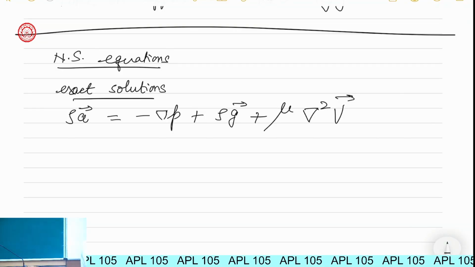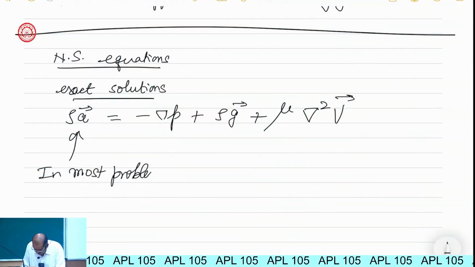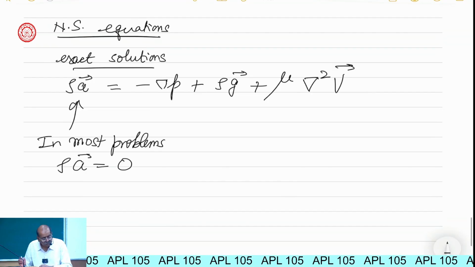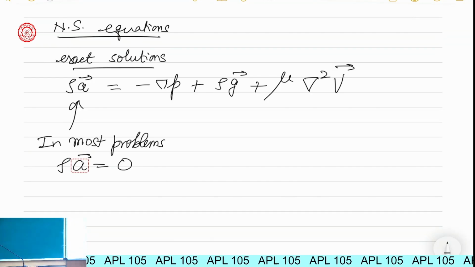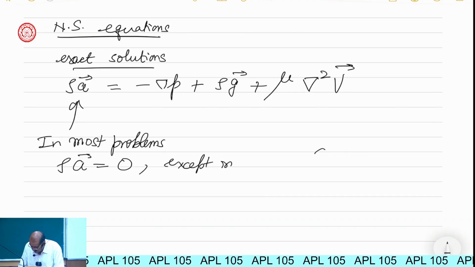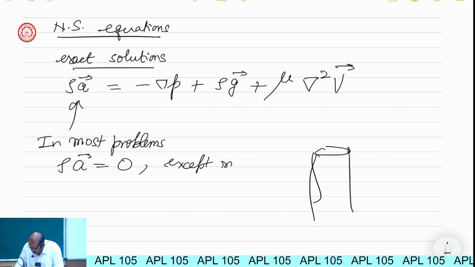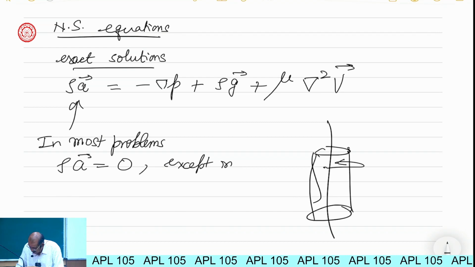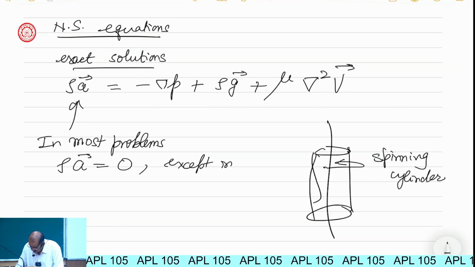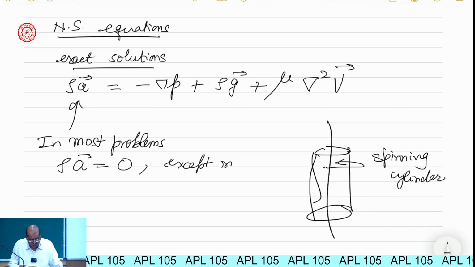basically these are our Navier-Stokes equations. Now what you will find is, in most problems, rho times A, the whole of the left hand side is 0, except in the spinning cylinder problem.